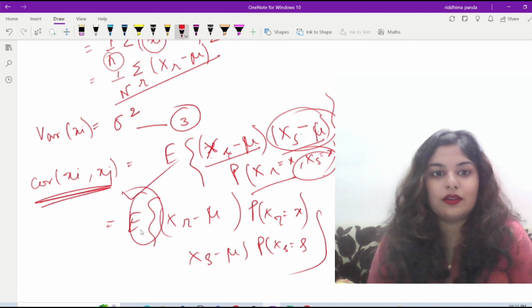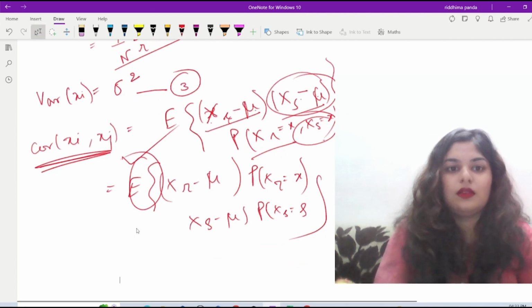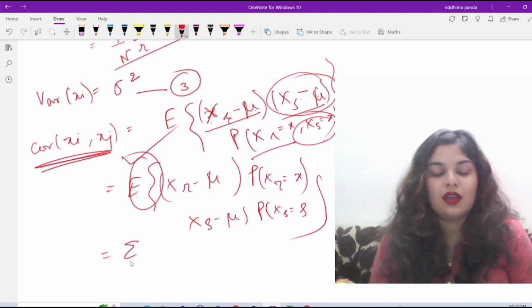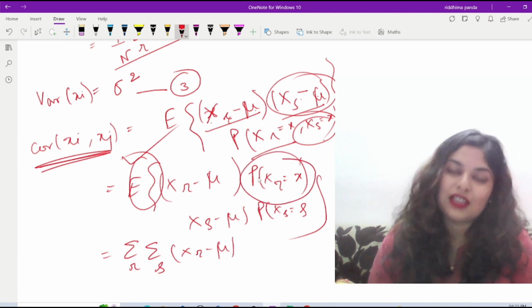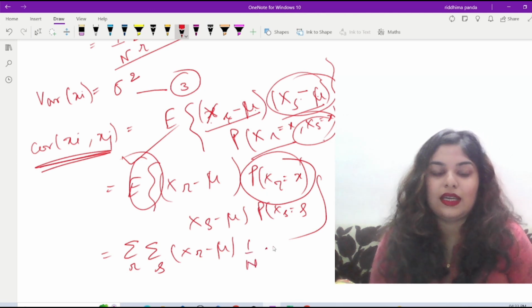Now if I remove E here, I am going to instead put summation. So for me the formula now will become summation r summation s of xr minus mu. What is the probability of xr? Very initially we have written, in case of with replacement, I am going to put 1 by n. So this becomes 1 by n into again xs minus mu into 1 by n.